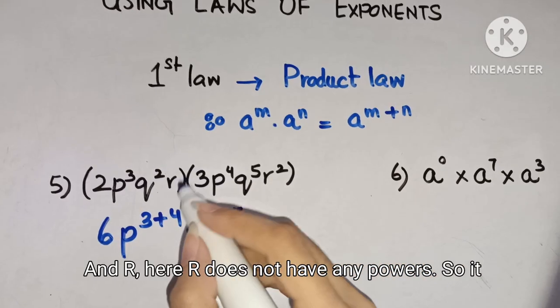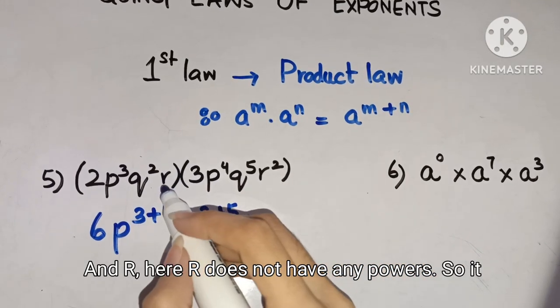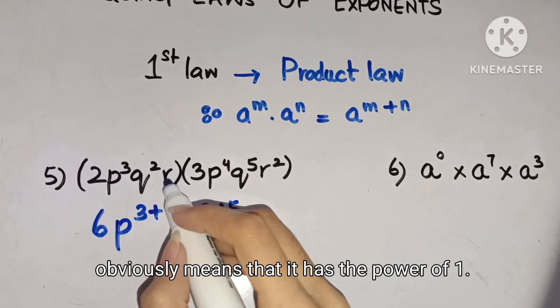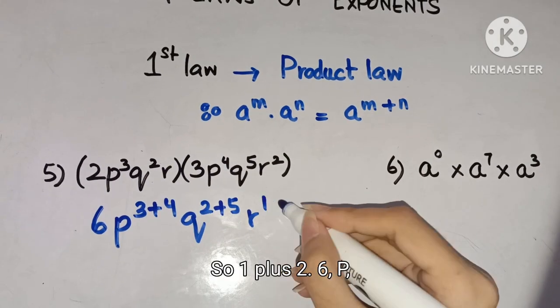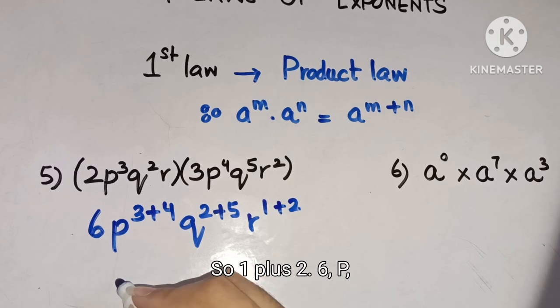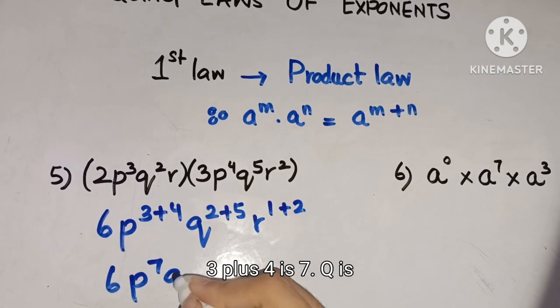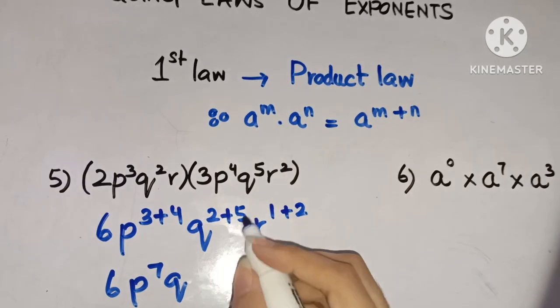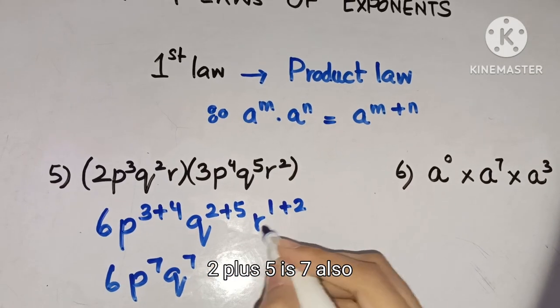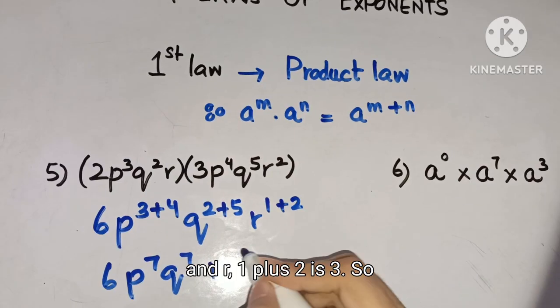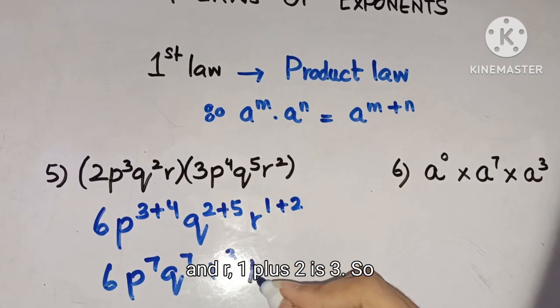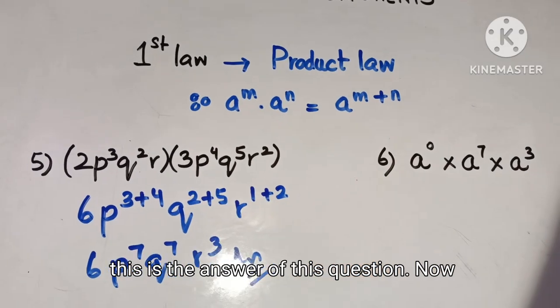And r, here r does not have any power, so it obviously means that it has a power of 1, so 1 plus 2. So 6, p power 3 plus 4 is 7, q power 2 plus 5 is 7 also, and r power 1 plus 2 is 3. So this is the answer of this question.